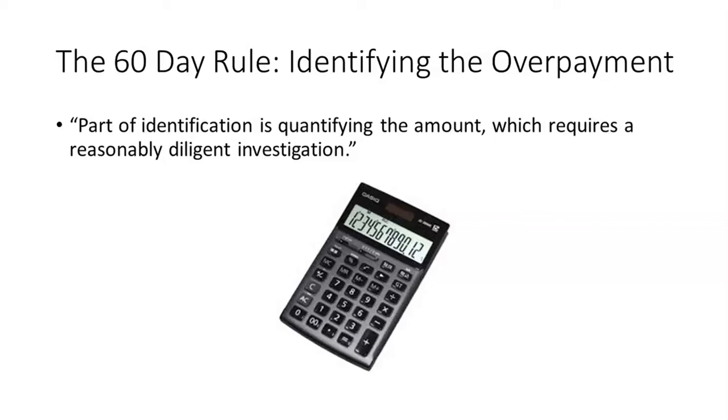And that can take some time, because there may be instances where, for example, you need to bring in outside auditors or outside legal counsel to conduct the investigation. All that has to be done in a reasonably diligent way, but while that's ongoing, the clock is not ticking on that 60-day deadline, okay?